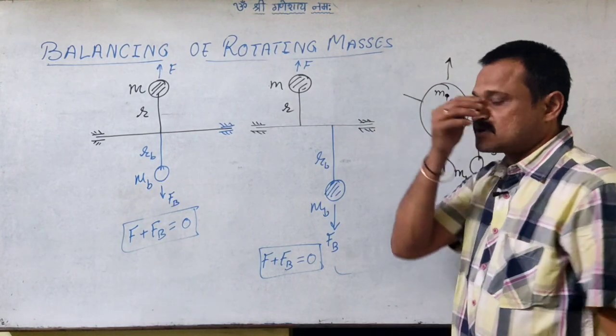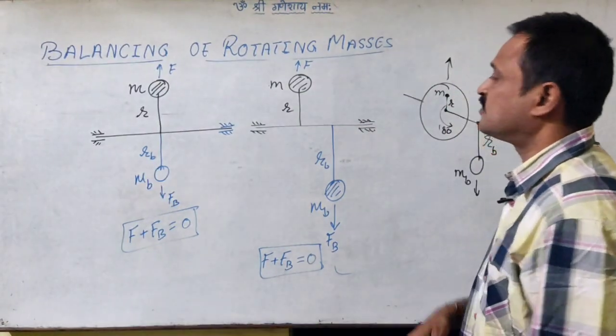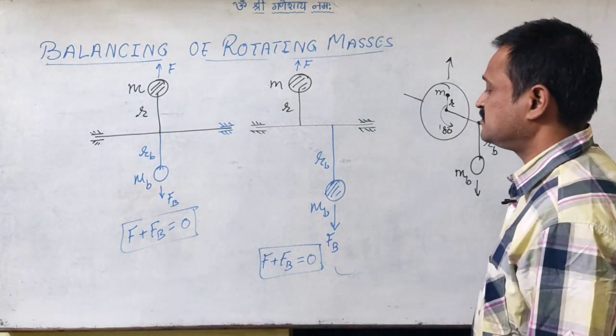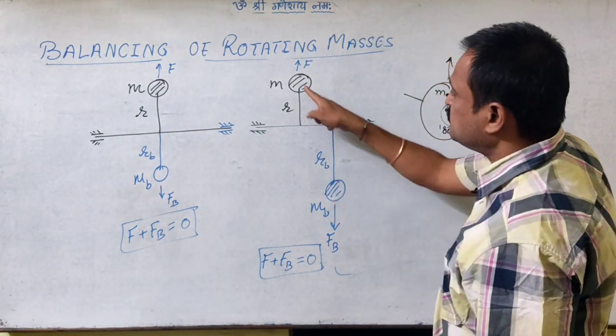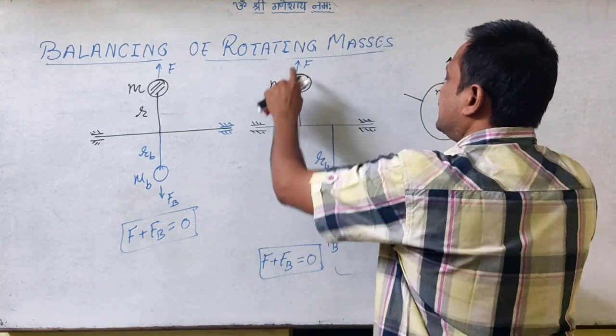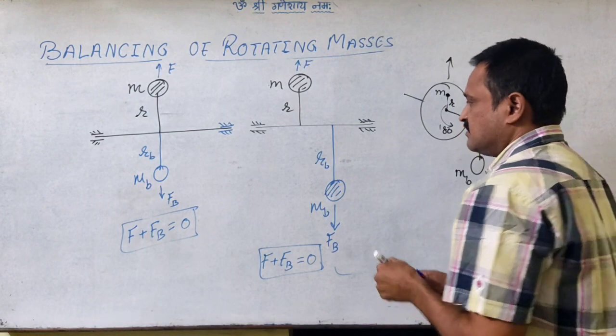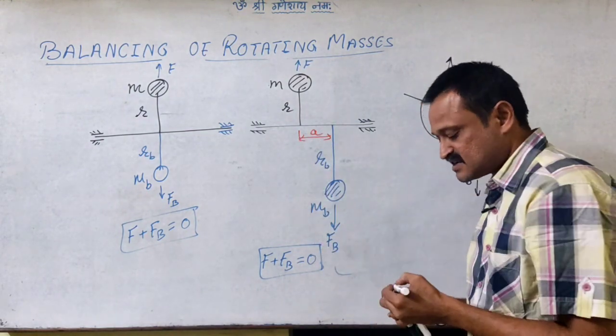But in the process, why will there be vibration or unbalance in the system? When this is one force which is acting opposite to this force, this is going to create a couple, because they are, let us say, at a distance a.